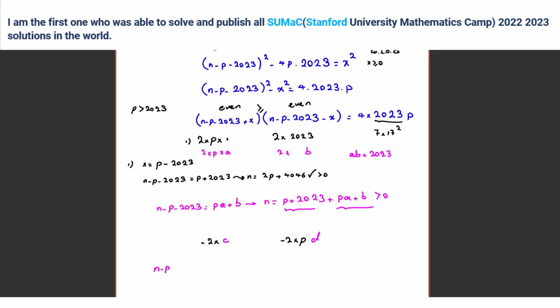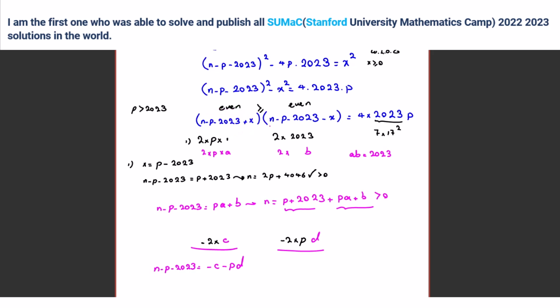Then n minus p minus 2023 would be what? Minus 2c minus pd equals negative 2x. No, it is not x, it is times something. Oh, sorry. Minus c minus pd, because look, we add these two terms, it will be 2 times this. So then we divide by 2, right?